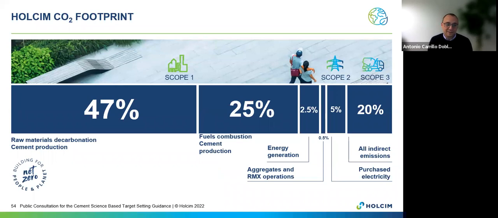And later, before COP, with our net zero targets, we expanded this to scope 3, and this also helped us to mobilize the value chain, engagement with customers, with clients, with suppliers.